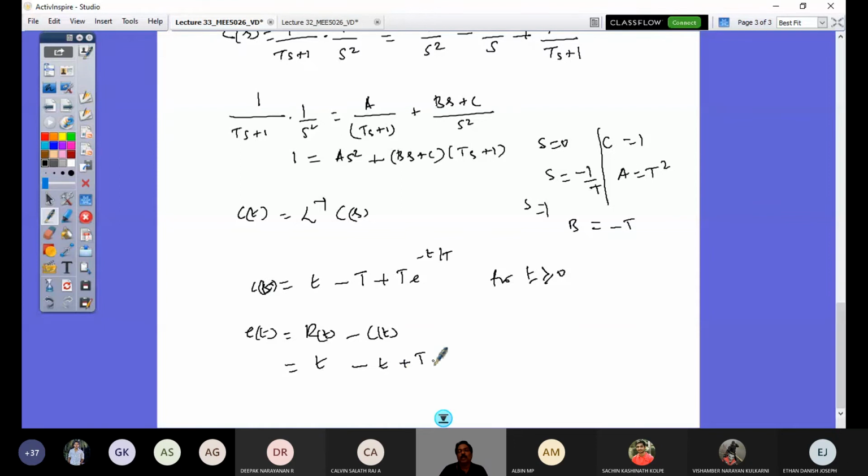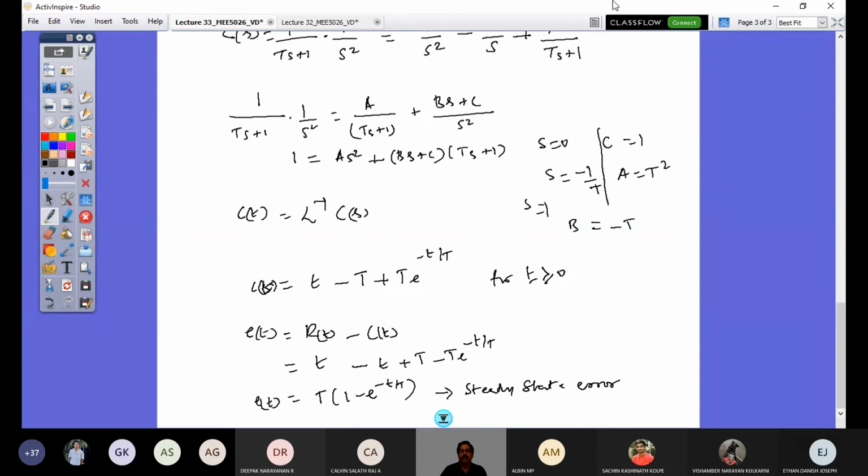So this goes off. I'll have t taken out, 1 minus e raised to minus t by t. So this is my error, and this error is what is called the steady state error.